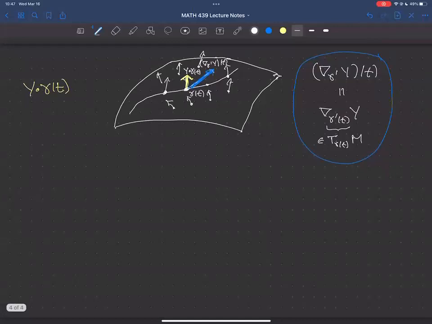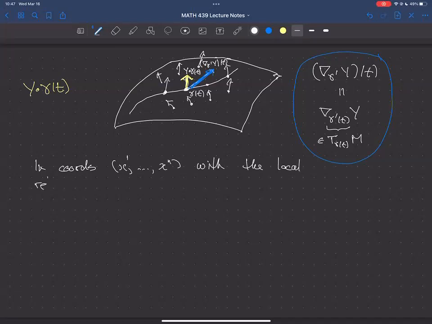So in coordinates, x1 up to xn, with the local representative of gamma being t goes to x1 of t, up to xn of t, like so.